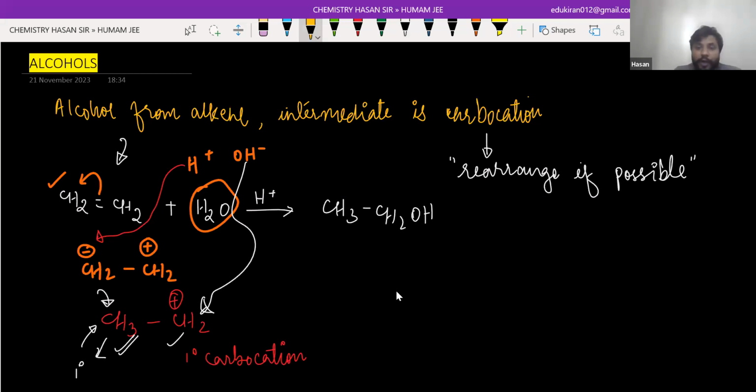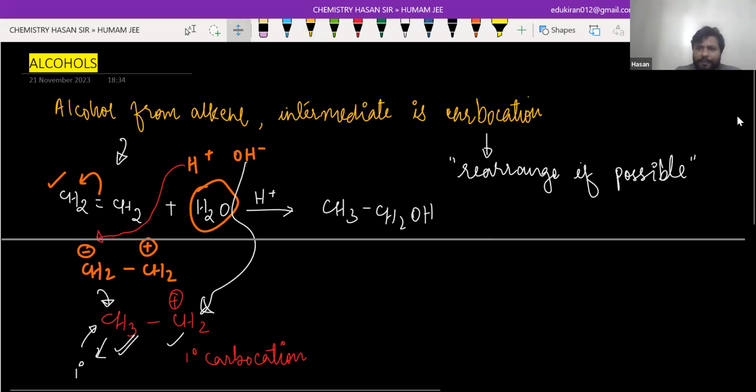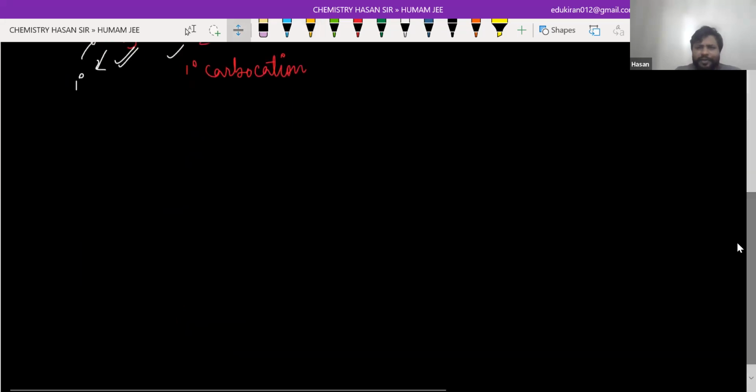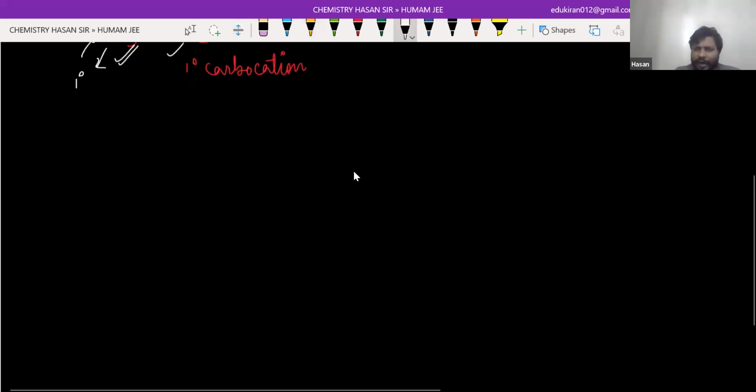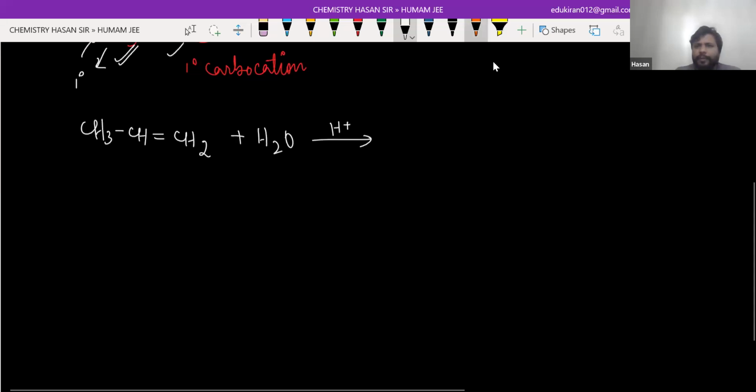Now, if you have this alkene, I'm going to change the slide. Since this is an addition reaction, you have to break the bond and add H plus and OH minus. I can do two things.